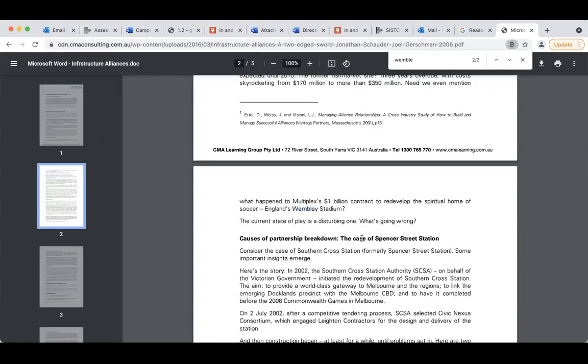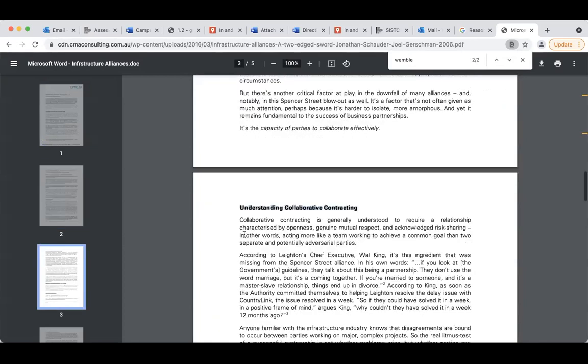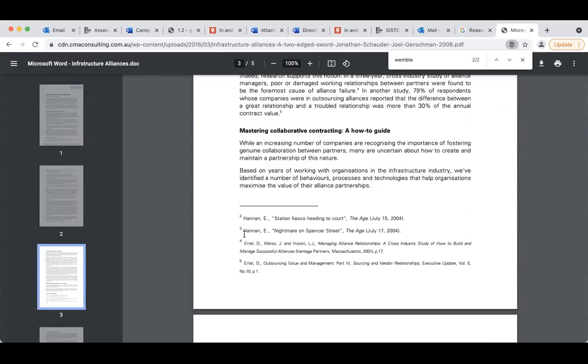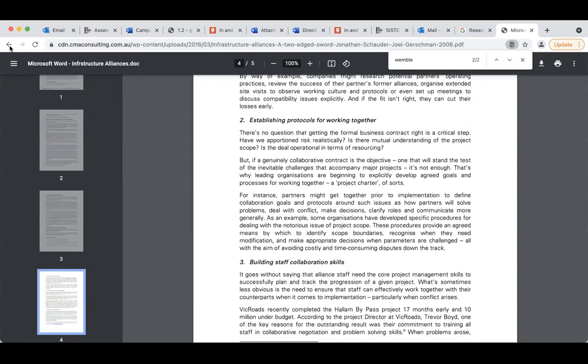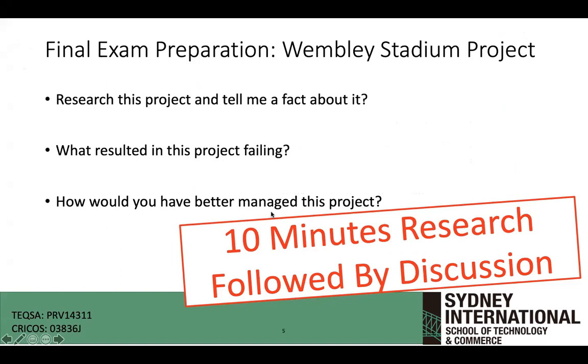Stadium. Okay. Partnership breakdown. So have a look at all of this data and try to find a number of reasons why this project failed. But if we build on what you guys told me earlier, how would you have better managed this project? What would you have done if you were managing that project?